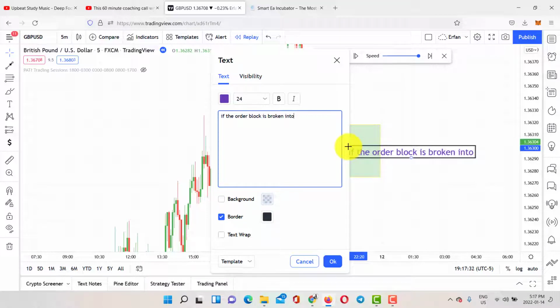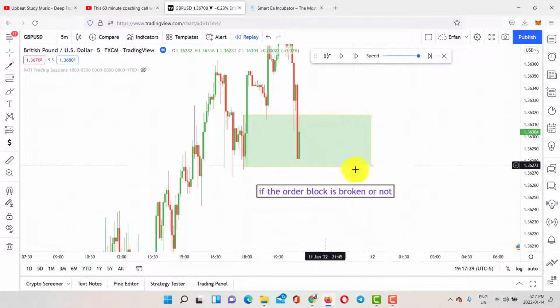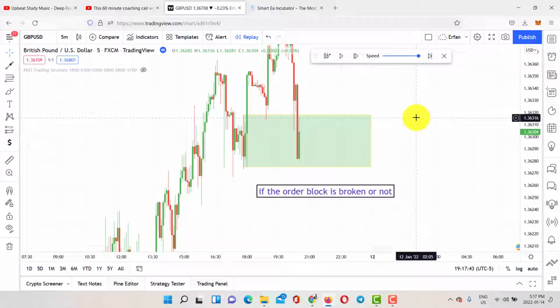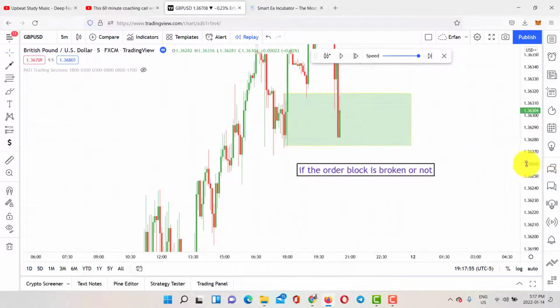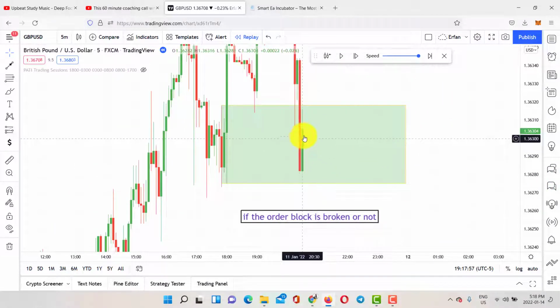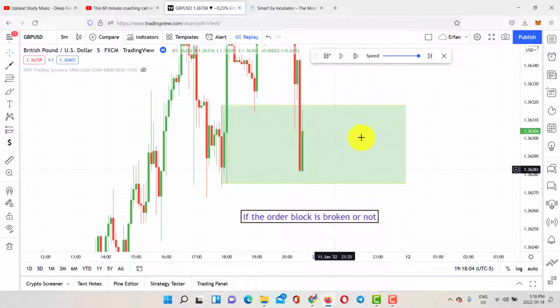So what I mean by that is, if you want to see if an order block is valid or not, you gotta pay attention to the price action. Did the price break the order block or not? So for example, if this green candle breaks out of this order block, it immediately makes the order block invalid.